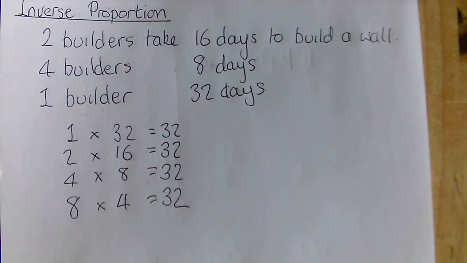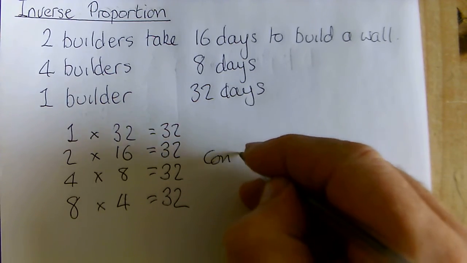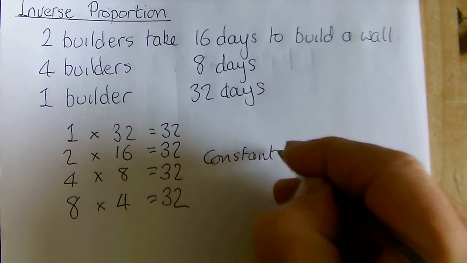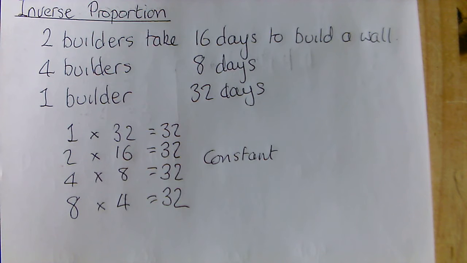You can see from these 4 sums that when you multiply the variables, the number of builders, by the number of days, you get the number 32. This is a constant, and this shows an inverse proportion. All inverse proportions will have this constant result when the two variables are multiplied together.